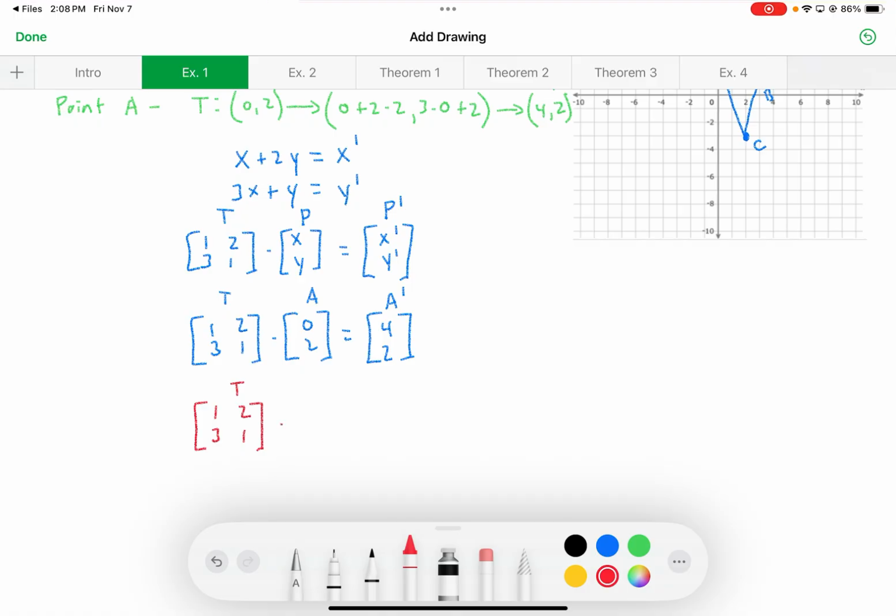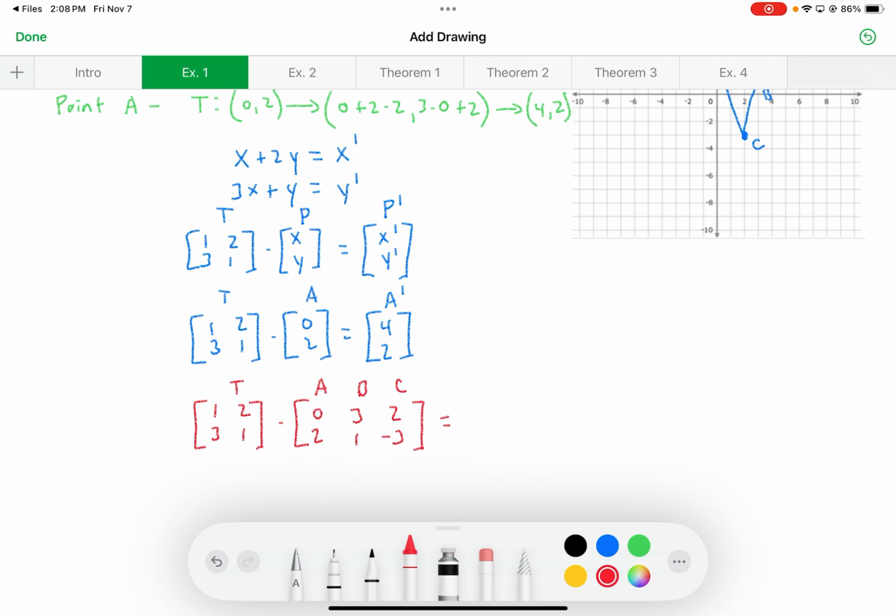And now I'm going to multiply it by a 2 by 3 since I have 3 points. So the columns are going to represent the coordinates of those 3 points. So I've got 0, 2 for A in the first column, 3, 1 for B in the second, and 2, negative 3 for C in the third.